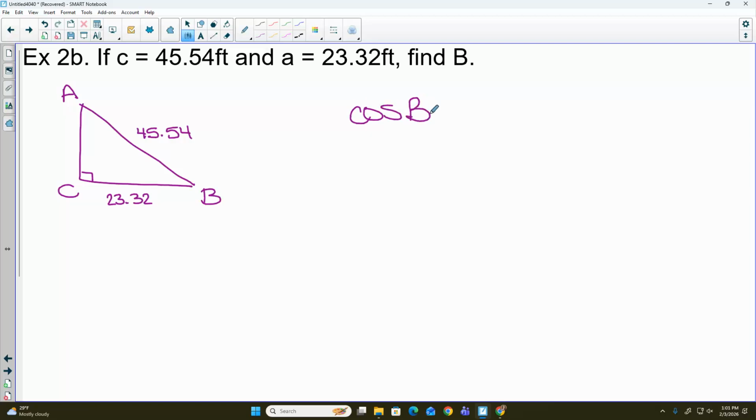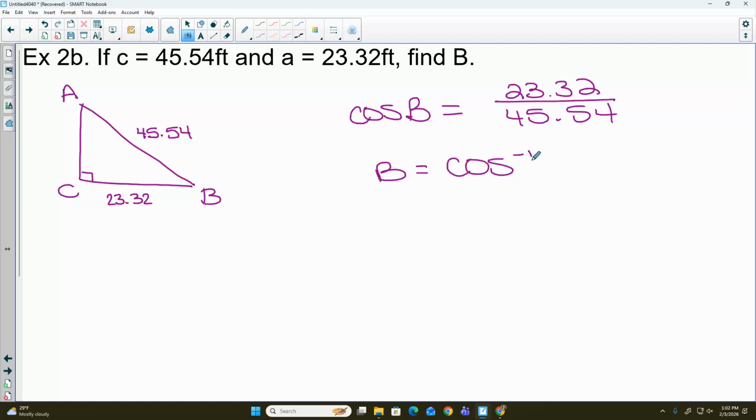So the cosine of angle B equals my adjacent side, 23.32, over my hypotenuse, 45.54. So to find the angle, we do the inverse.